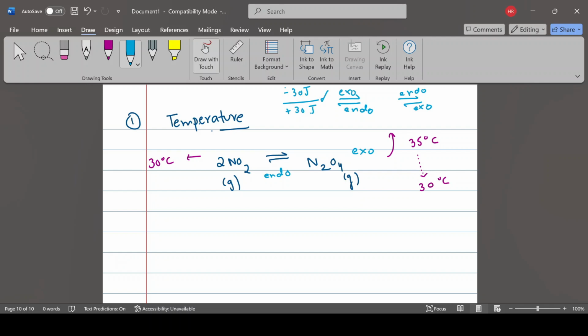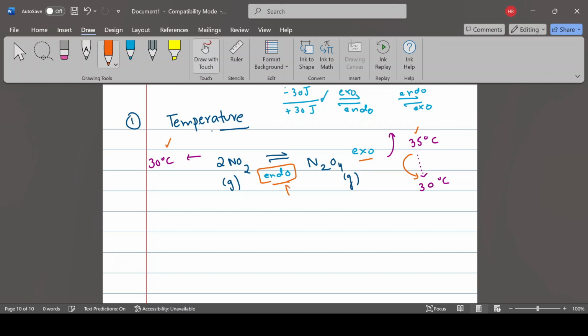Okay. Now, let's come back to the temperature point. So we are saying that the forward reaction is exo, the backward reaction is endo. When you increase the temperature from 30 to 35 degrees Celsius, it will want to drop the temperature back to 30 degrees Celsius. How is it going to do that? It's going to favor the endothermic reaction.